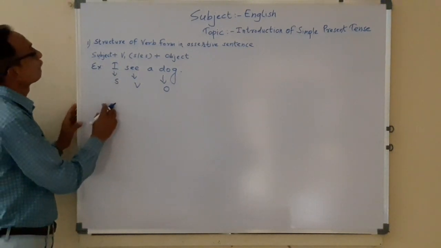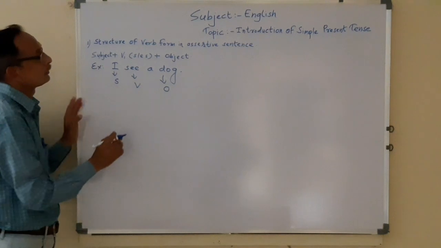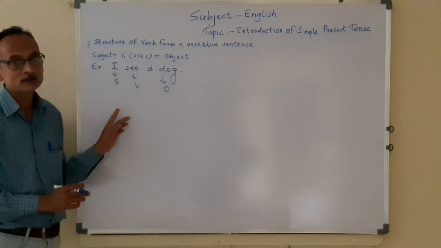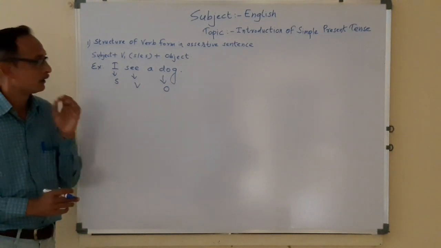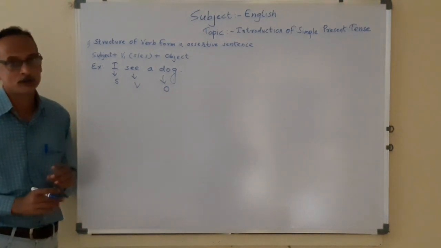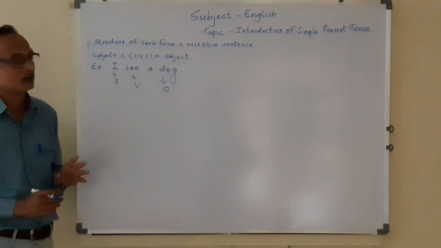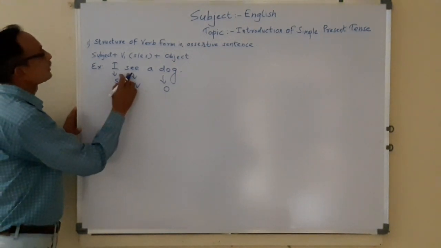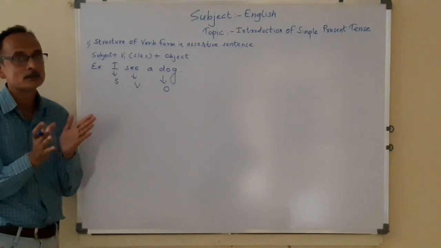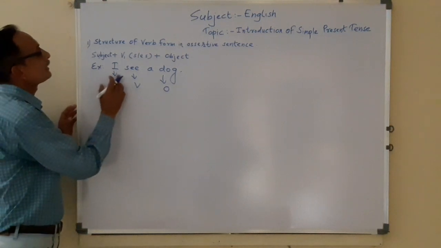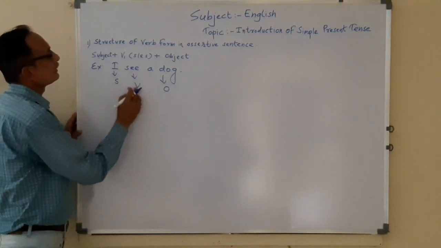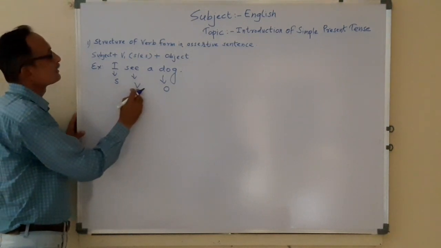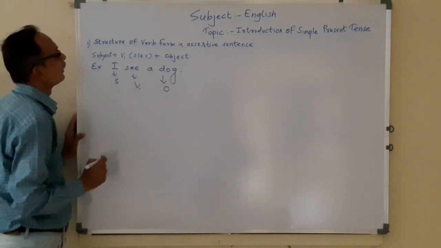In that way, the tense is related to the verb, because a verb is an action word. It shows the action, and here the action of seeing: I see a dog. In this sentence, see is in base form, that is V1.